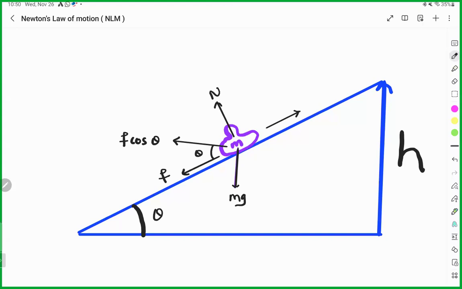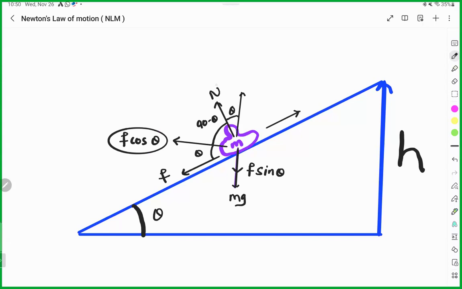And if this is mg, the opposite angle here will be the same theta, because if this is theta, this is 90 minus theta, so this will be theta. Right, makes sense? If this is f cos theta, this will be f sin theta. Makes sense?